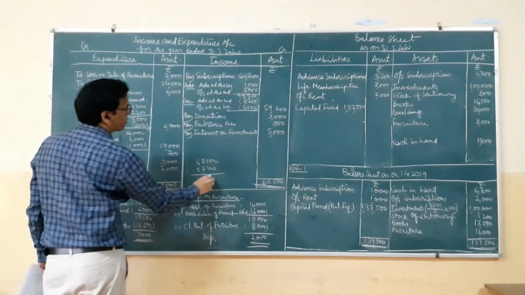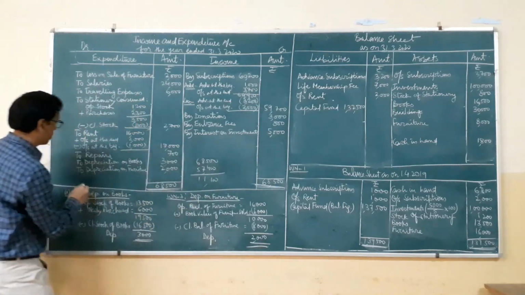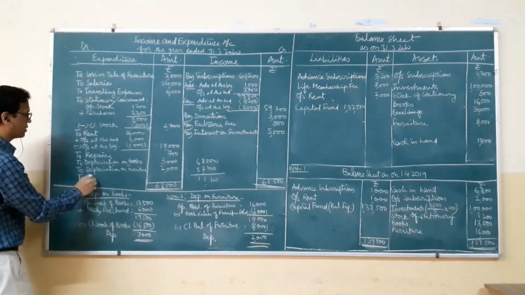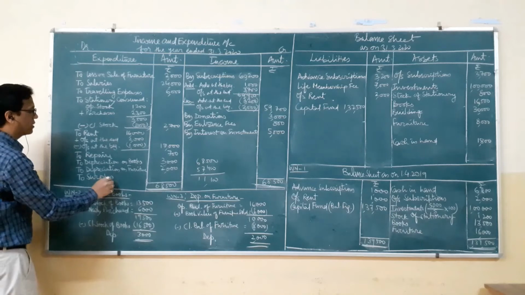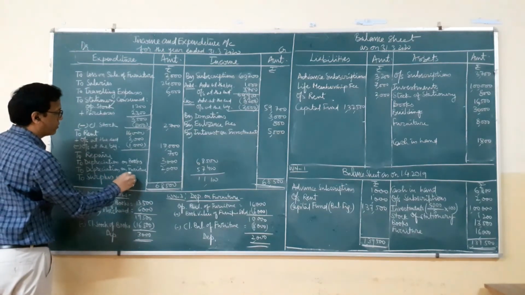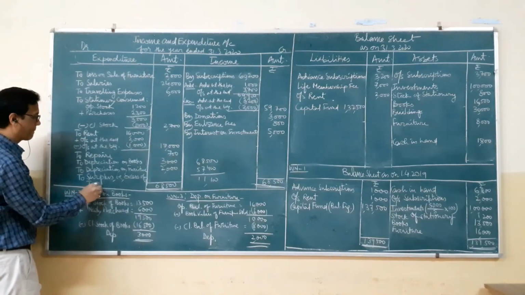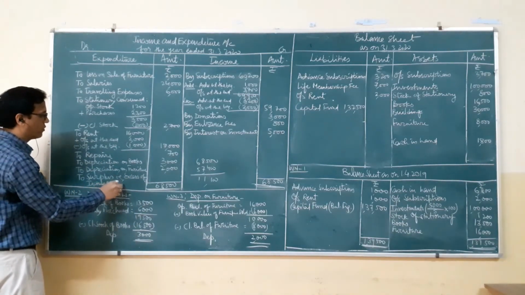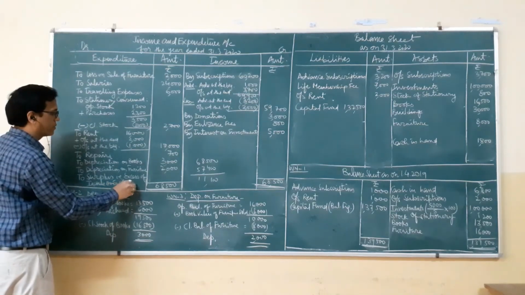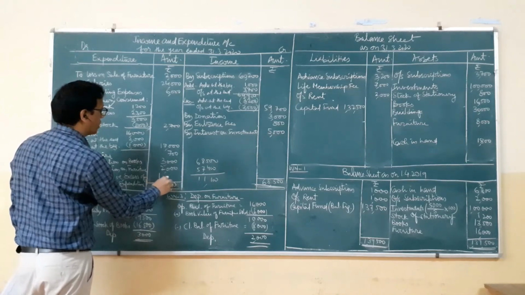So 11,100. So this is our surplus. So this surplus we write here, that is excess of income over expenditure, 11,100.